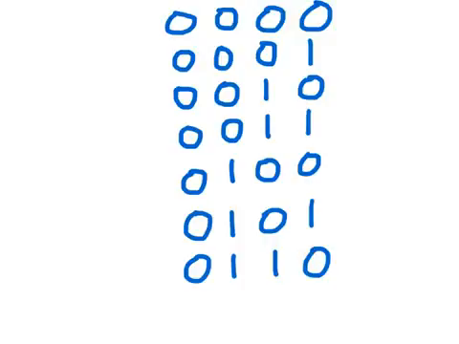Now, notice that there is a pattern developing. If you look at the 1's place, it's always alternating 0, 1, 0, 1, 0, 1, and so on. In the 2's place, it's the exact same thing, except there's 2 zeros and then 2 1s and then 2 zeros and then 2 1s. So the next thing would be a 1 here, following that pattern.